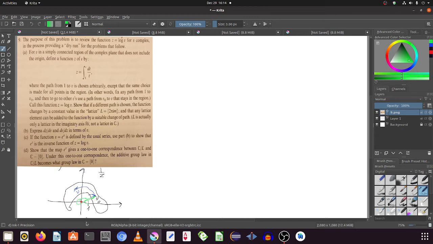Yeah. That was actually a poor picture. We'll just do it better. We have unity here and v naught here, and then we have two different paths from unity to v naught.